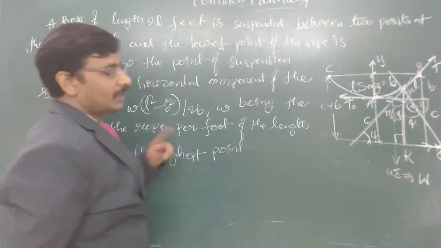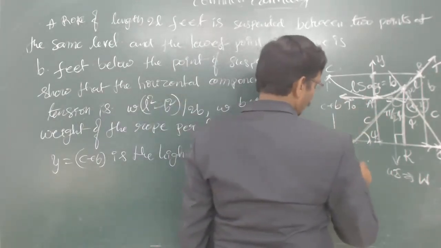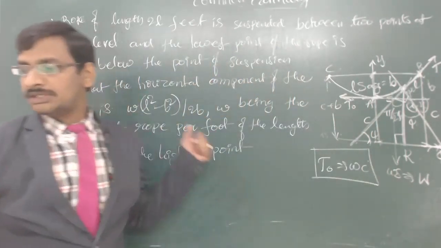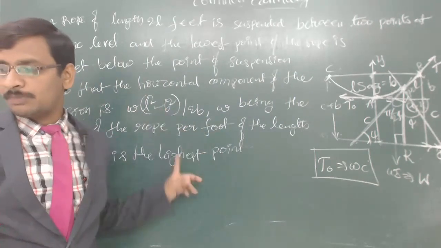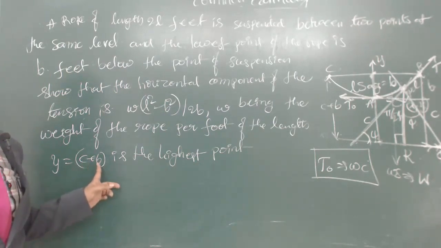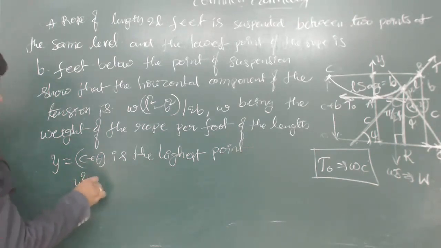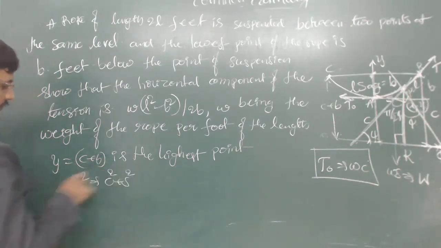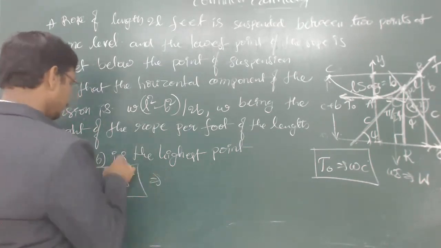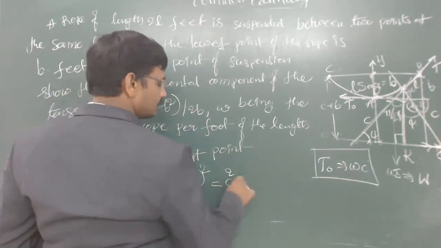Why are we finding the highest point? From this relation we need to find W times C, and this C value we should establish in terms of B. For that we have the relation y square is equal to C square plus S square. So y square is (C plus B) whole square, equal to C square plus S square.